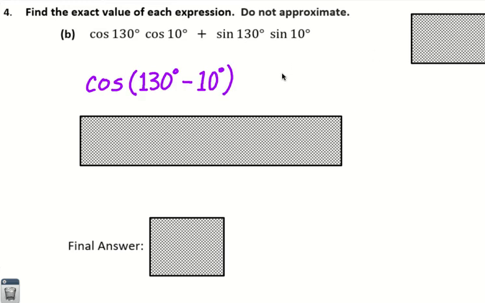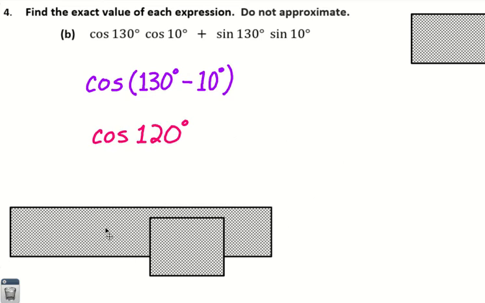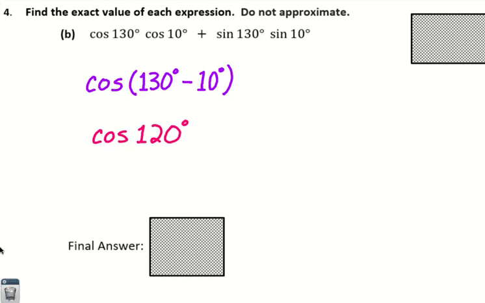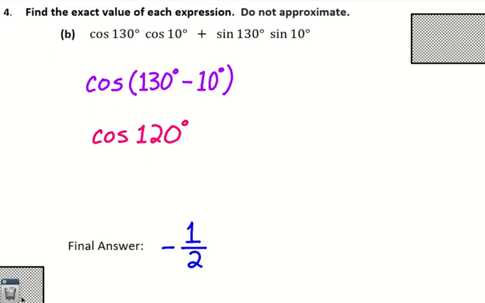That can just be switched out with the cosine of 130, or this, minus the cosine of that, 10 degrees. So look, this whole thing can be switched out with this according to one of your sum or difference formulas. And 130 minus 10 is just 120. So all of this just boils down to the cosine of 120, which your cheat chart says is negative 1/2.